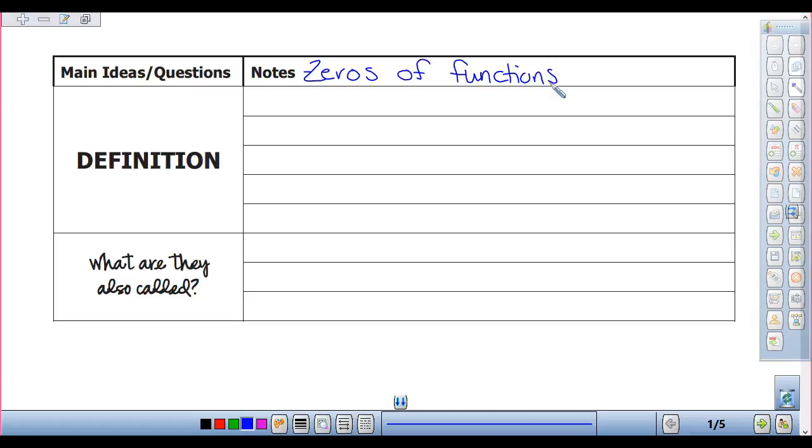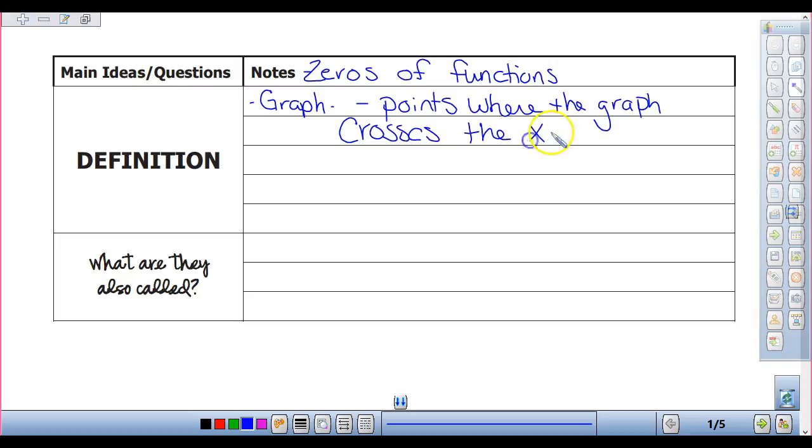Okay? And when we talk about zeros, what we mean is that they're given a graph. It is the points where the graph crosses the x-axis.